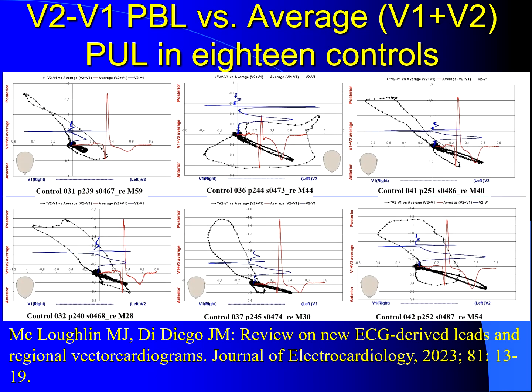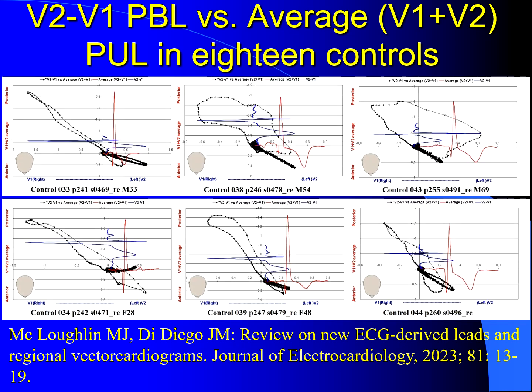Regional retrosternal vectorcardiogram in 18 controls. In the next 3 slides, we will see, to have an idea, the common loop in 18 controls.